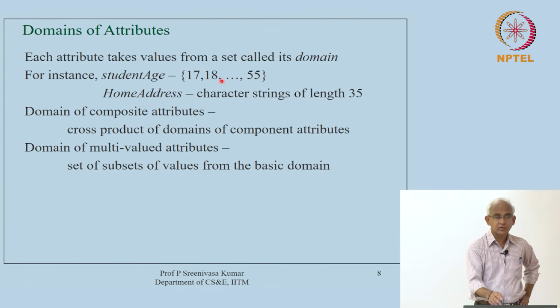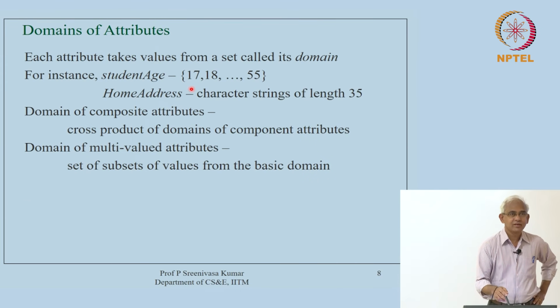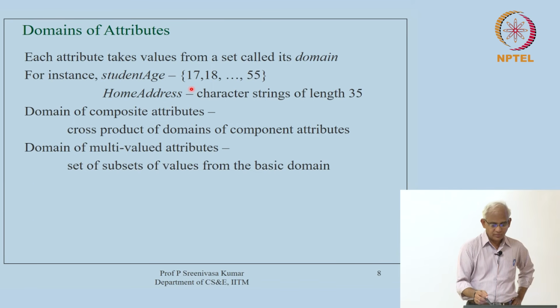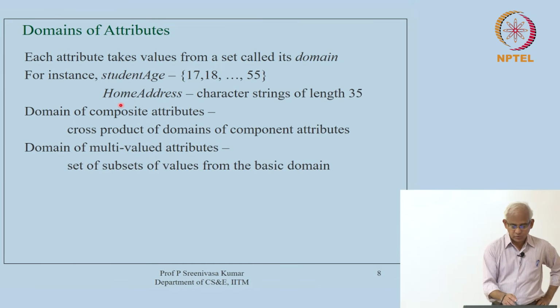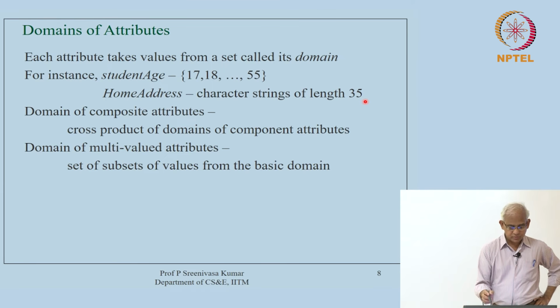We do not expect students to have age more than 55, and I think the entry age is 17 here, right, for example. And then we say that home address is a character string of length 35. We fix it saying that 35 characters is probably enough to take care of the home address. So, like that we have domains.